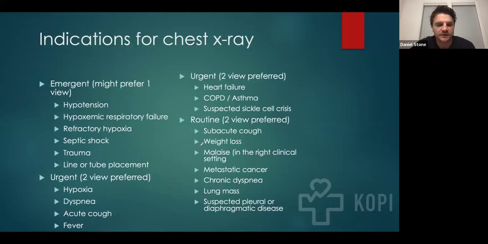First things first, emergent and urgent indications for chest X-ray are relatively broad. I would say in the emergency department, when we're talking about when we actually truly need a chest X-ray, we talk about getting a one view or a portable chest X-ray. I've talked about this with some people in casualty at Ciliani.